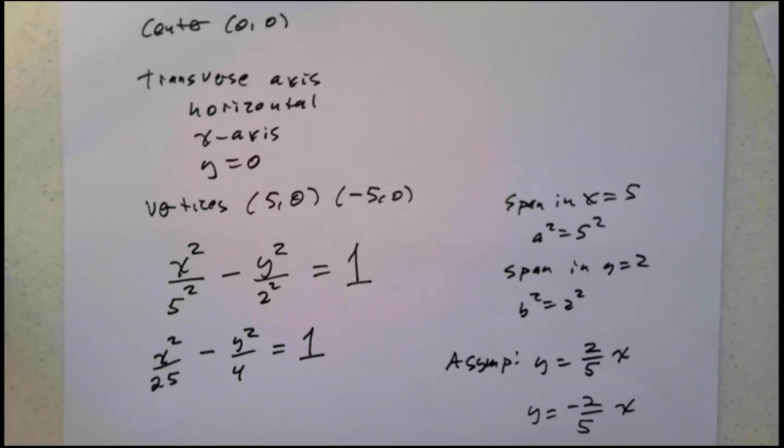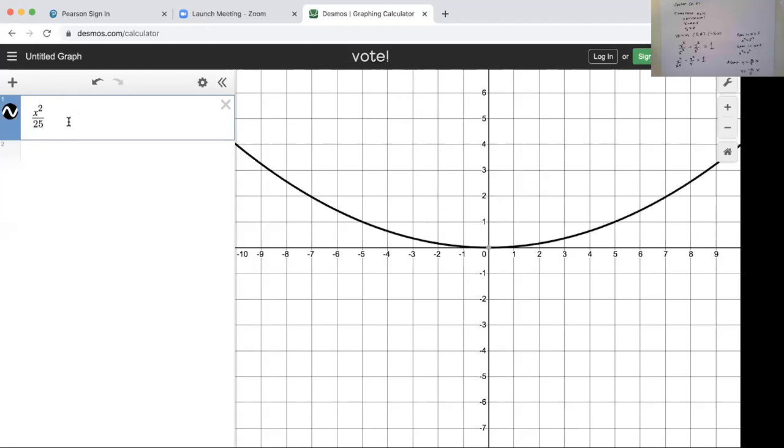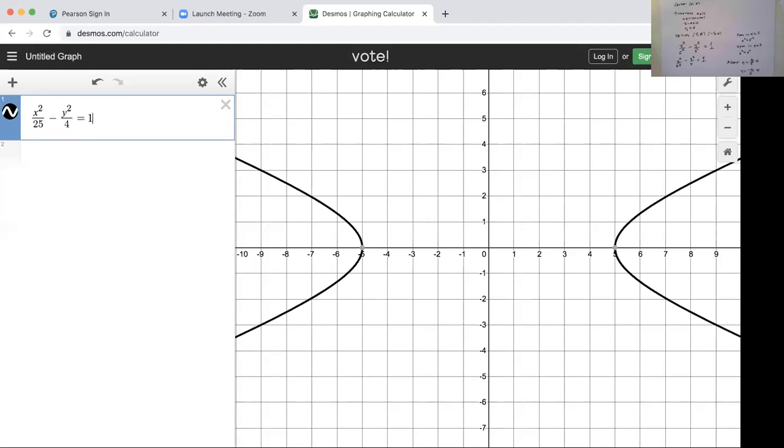Now it'd be nice to find our foci. So where are they? Well, let's go ahead and graph our function on Desmos, just to see where we are. So we're saying x squared over 25 minus y squared over 4 equals 1. And there you go, you see the shape of those guys. My vertices were at (5, 0) and (-5, 0), as we said.